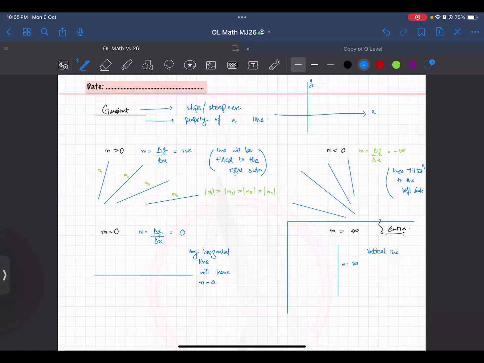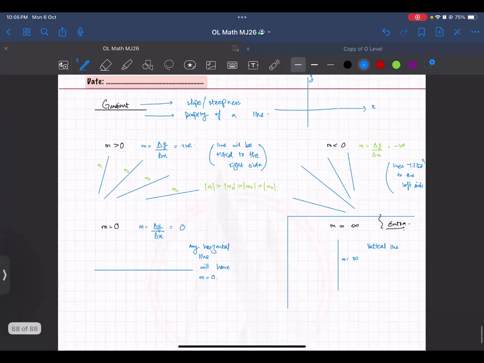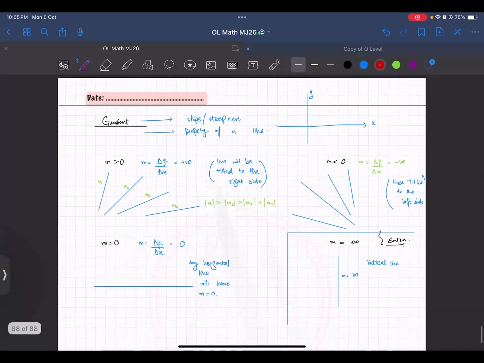This has become a standard: the general equation of the line, which we will move on to next, is y equals mx plus c. Now if you have this equation of the line, you need this gradient value, and this gradient value is change in y upon change in x.